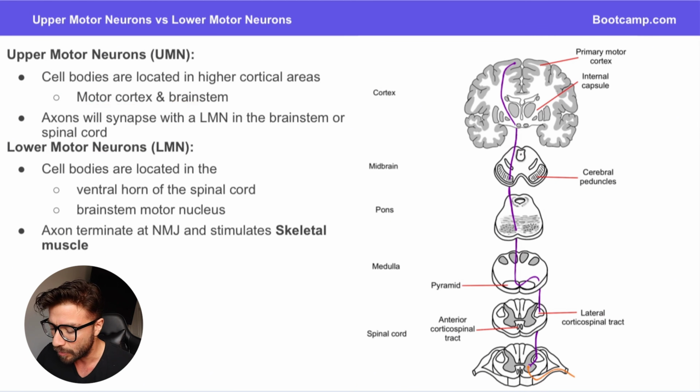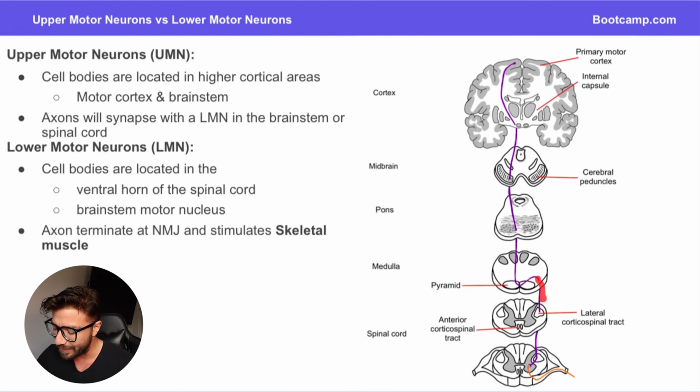So you can see we have this purple neuron right here coming from the primary motor cortex where motor movements are going to be planned. This is then going to descend down through the brain and the brainstem through the spinal cord, and in this illustration, it decussates, which means it crosses over.